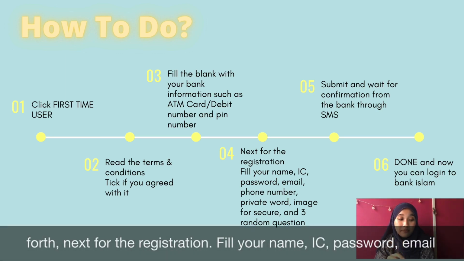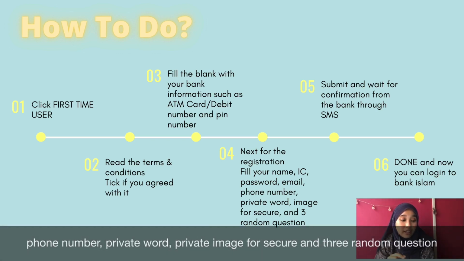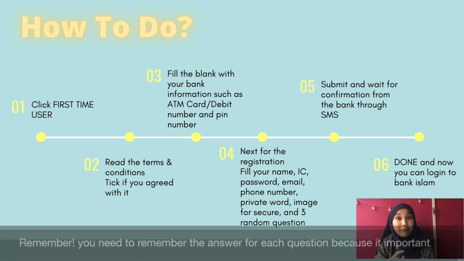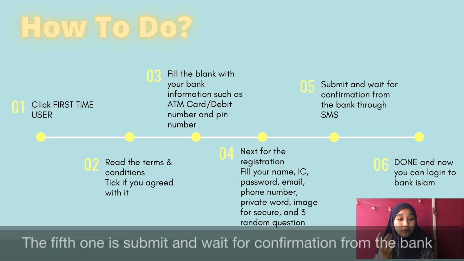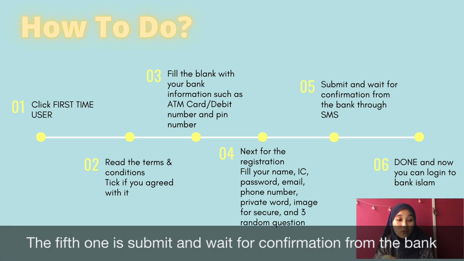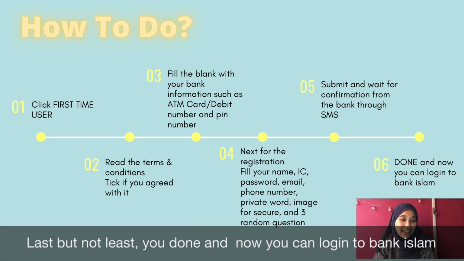For the registration, fill in your name, IC, password, email, phone number, private word, and private image for security, and 3 random questions. Remember, you need to remember the answer to each question because it's important. The 5th step is submit and wait for confirmation from the bank through SMS. Last but not least, you're done.